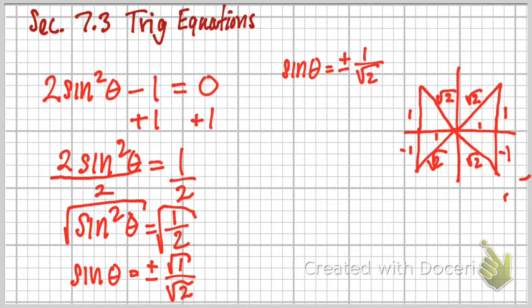So then for the first quadrant here, this one here is going to be pi fourths, because we're still dealing with radians here. Okay, so that's pi fourths. So my first answer for this is going to be theta equals pi fourths. Now to find the next one, keep in mind that all the angles inside of these triangles are pi fourths.